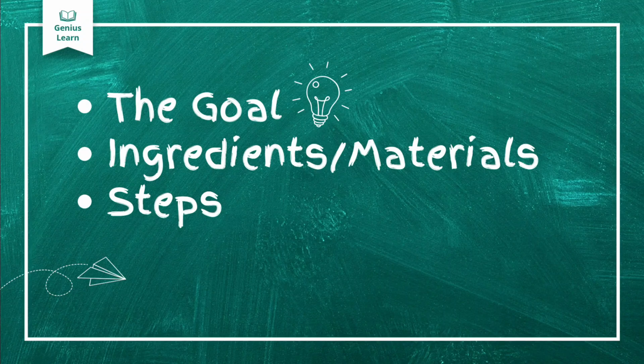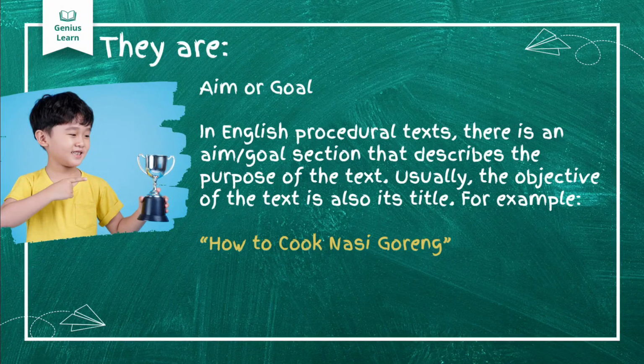Okay, so let's talk about the goal or the aim. In an English procedural text, there is an aim or goal section that describes the purpose of the text. It is usually the objective of the text that also serves as the title of the text. For example, how to cook nasi goreng.